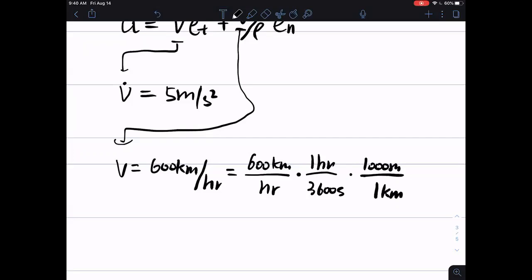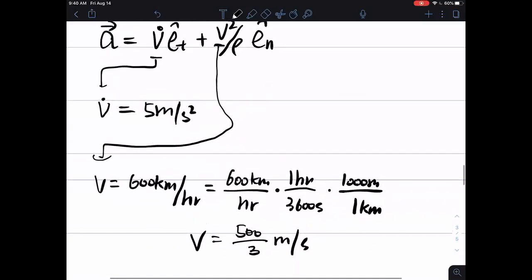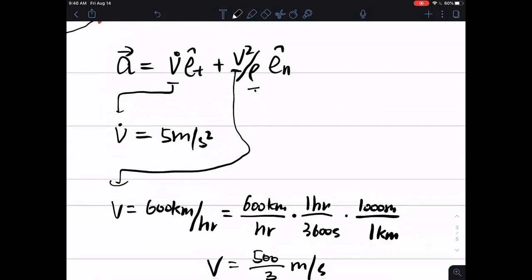From here, we end up with 500 divided by 3 meters per second. So that's the v with the correct units, right? Okay. And rho here, it's the unknown we're trying to solve.